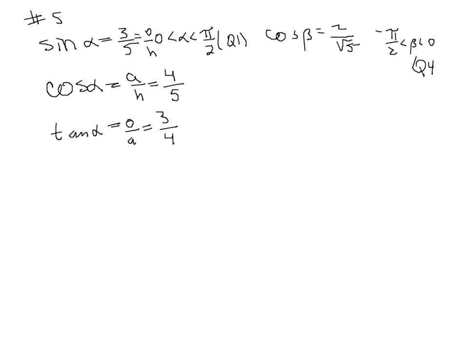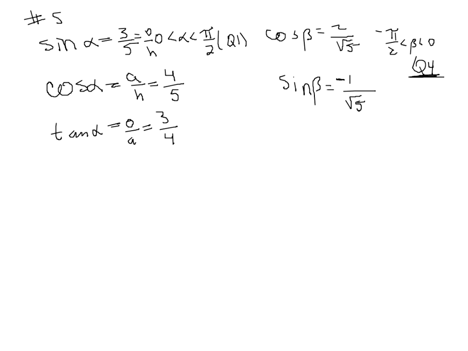Over here, I need to find sine beta. And sine beta is going to be, using Pythagorean's theorem, 1 over the square root of 5. However, our angle is in quadrant 4, where sine is negative.